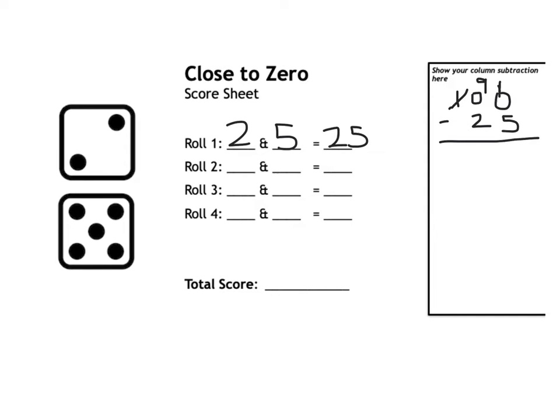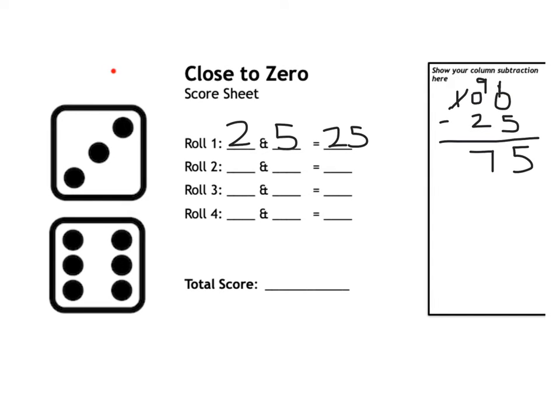And so now my ones column is 10 take away 5. So I can work that one out. That's 5. Now my tens column is 9 take away 2, which is really 90 take away 20. So that equals 70. So I'm up to 75 now.